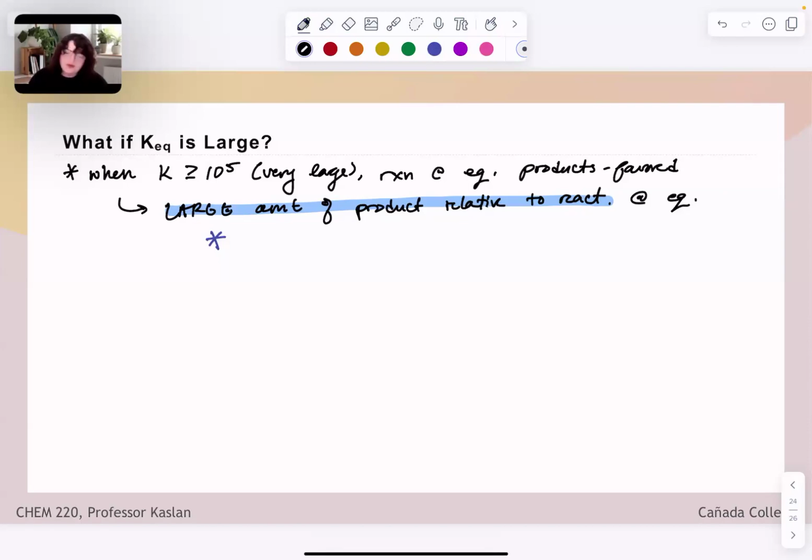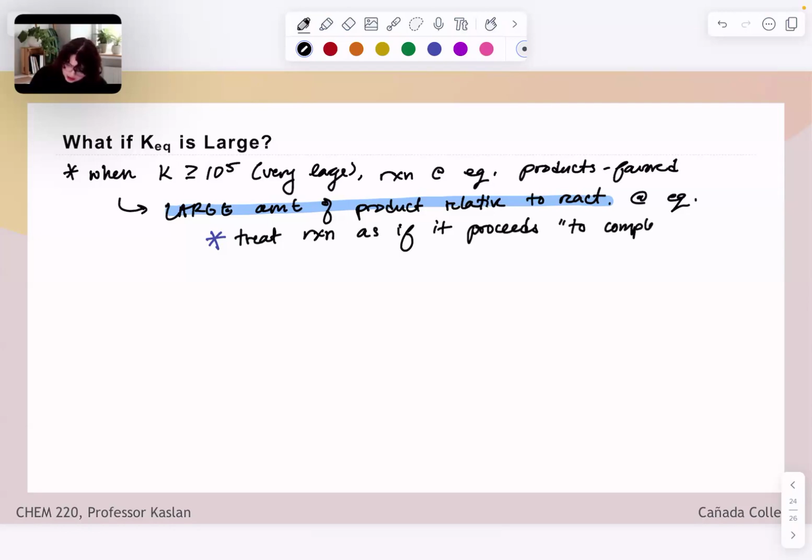So when we've got these equilibrium constants that are really large, we are going to treat the reaction as if it proceeds to completion, meaning all of our reactant undergoes its limiting reactant stoichiometry to create our theoretical yield of product. And then the reaction stops, right? That's how we thought of chemical reactions in Gen Chem 1.